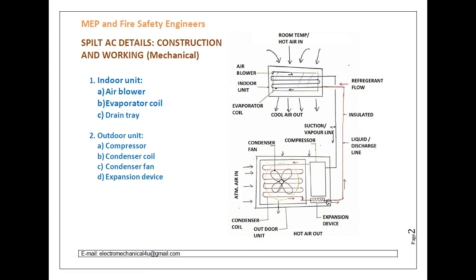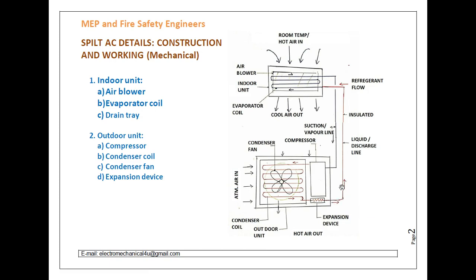Then after the expansion, the low pressure and low temperature liquid refrigerant will go into the evaporator. That means the evaporator coil is inside the indoor unit. But before that, the question will come that when the refrigerant comes out of the outdoor unit, it would absorb heat from the atmosphere.